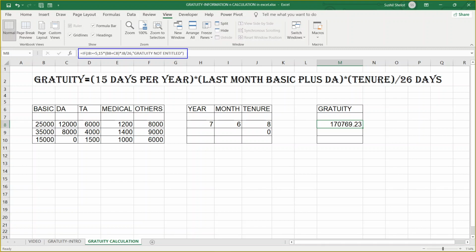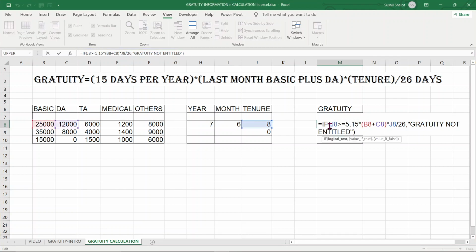So if you check up, if I go over here and double click, what does it say? So if J8 is greater than or equal to 5, so as I said, the entitlement of gratuity or the eligibility to get gratuity is 5 years and more. So J8 has to be greater than or equal to 5.